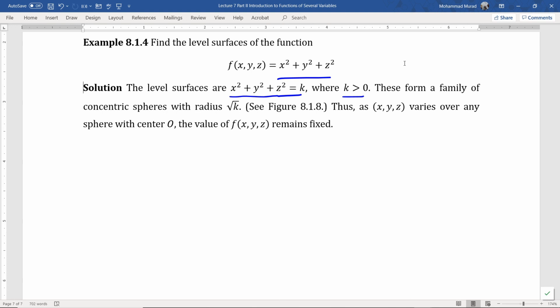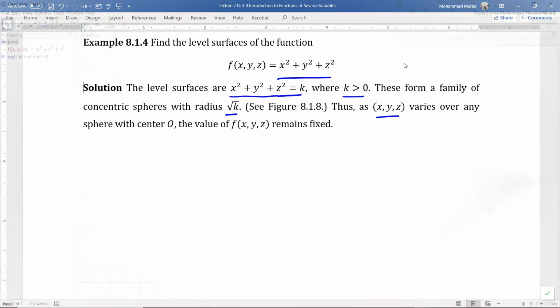This forms a family of concentric spheres with radius the square root of k. Thus, as (x, y, z) varies over any sphere with center at the origin, the value of f at (x, y, z) remains fixed.